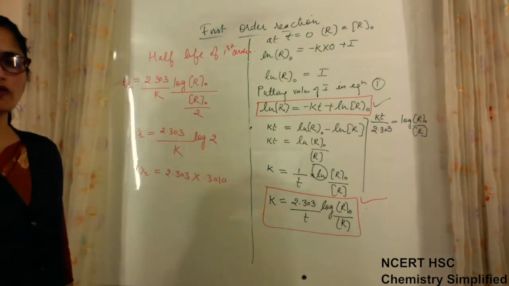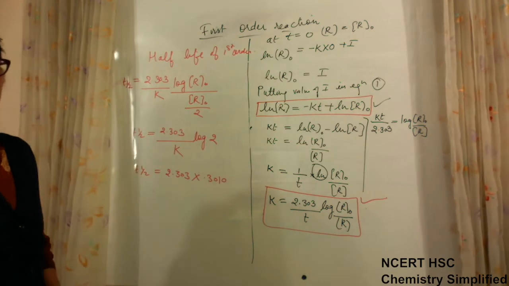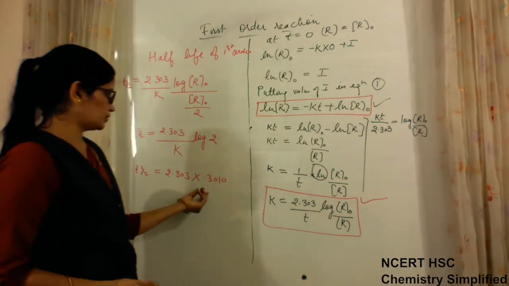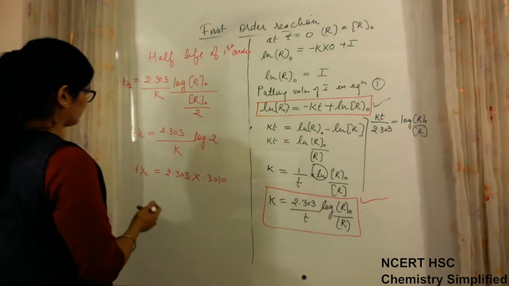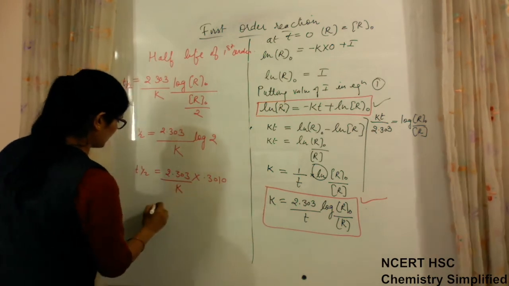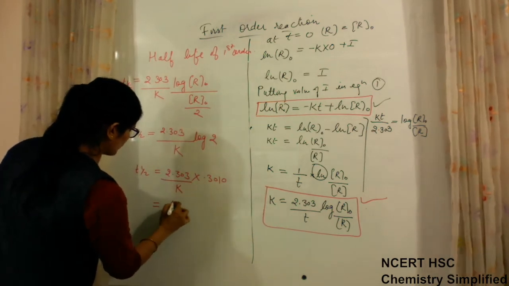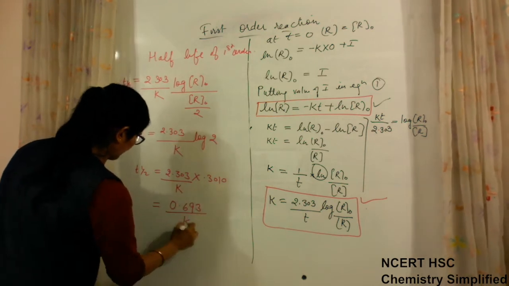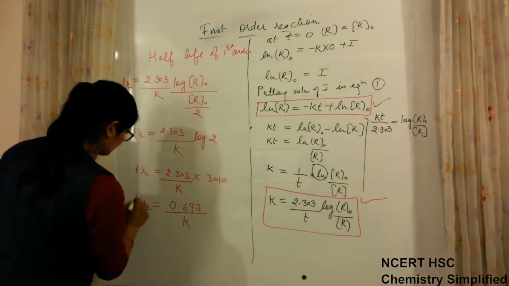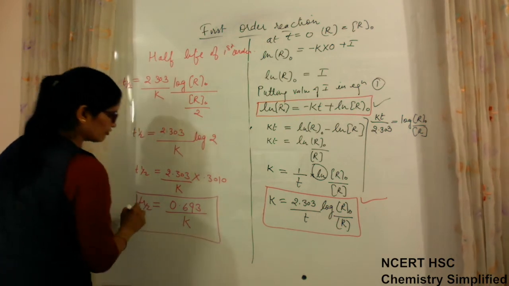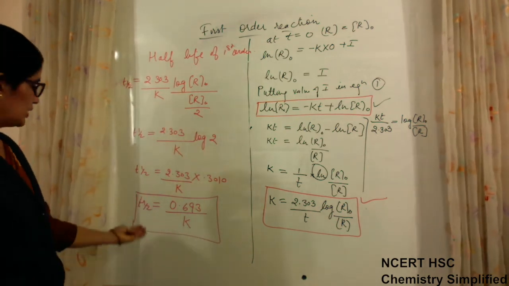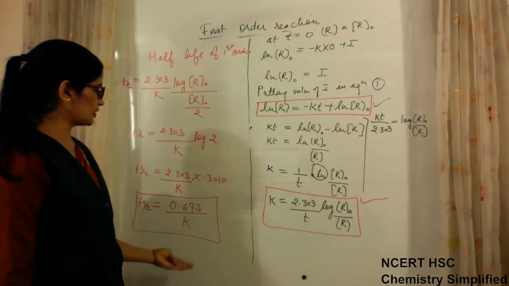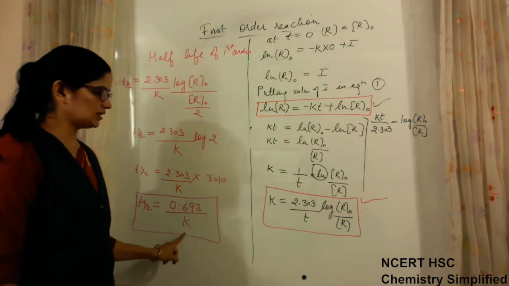This is the value of log 2 taken from the log table. So it is 0.3010 upon k, which comes to be 0.693 upon k. This is the formula for half-life of a first order reaction, 0.693 upon k.